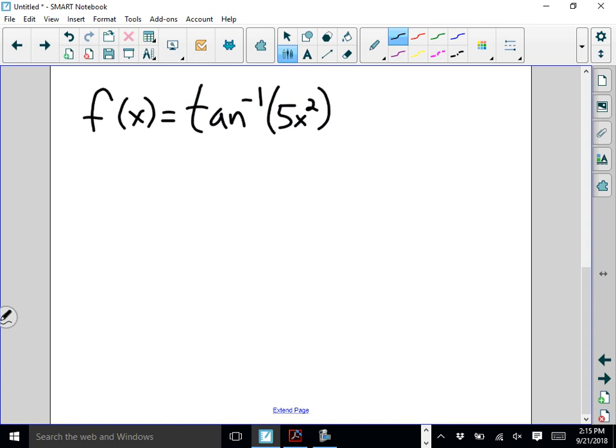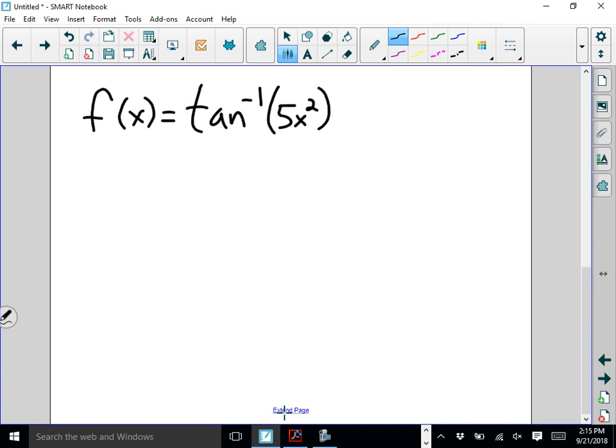We see that we're doing the arctangent of, not x, but 5x squared. Well, all the stuff we learned about the chain rule is still going to apply here. We want to do the derivative of the outside with respect to the inside times the derivative of the inside. So maybe pause it here, take a guess. What do you think is going to happen here? And then unpause it when you're done trying to see how we do this.